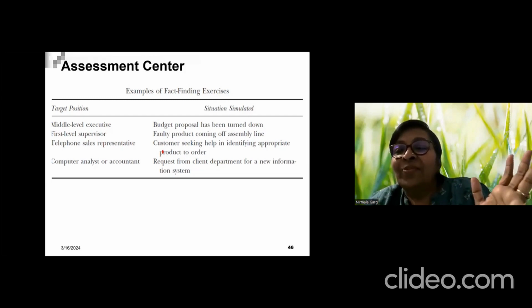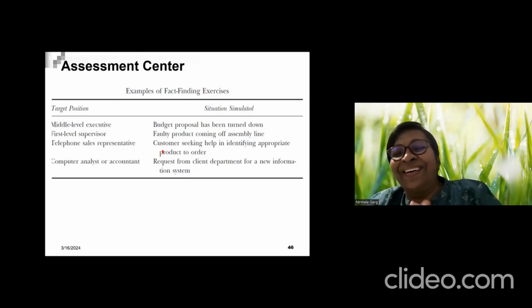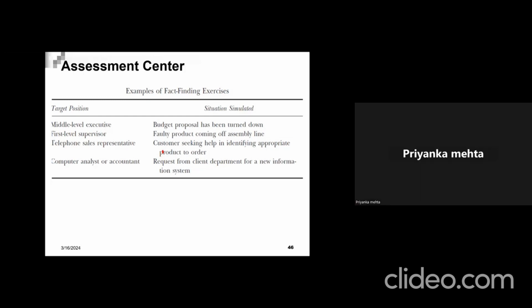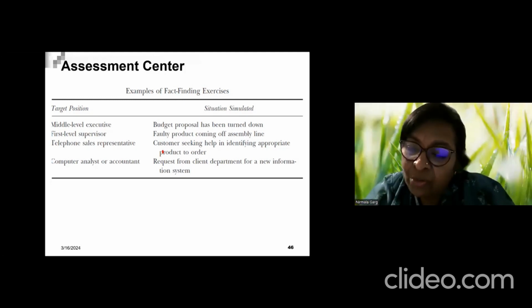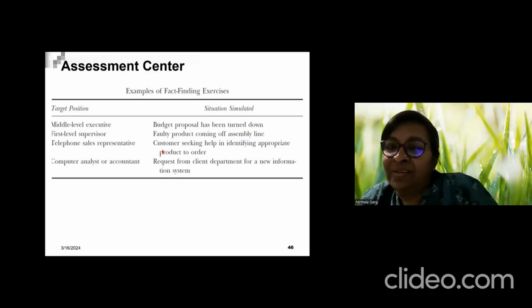Man is always in a state of inertia. He will get into action only when you give him a push. It could be a carrot or it could be a stick also. So in the assessment center, we are trying to create a stimulus so that we can see the responses.